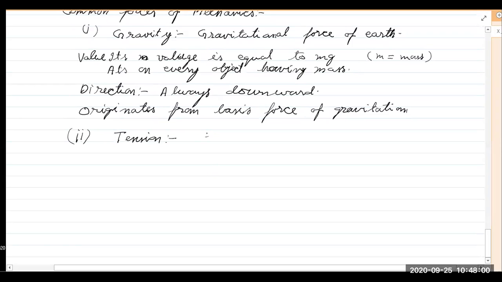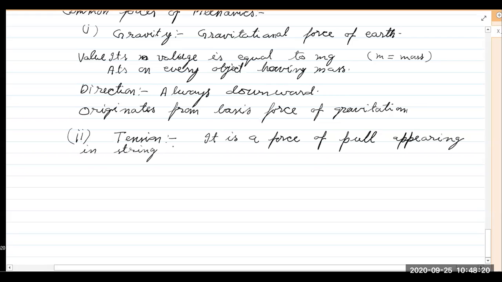It is a force of pull appearing in string, rope, thread. These are the words generally used in different problems, so that's why I'm writing this.